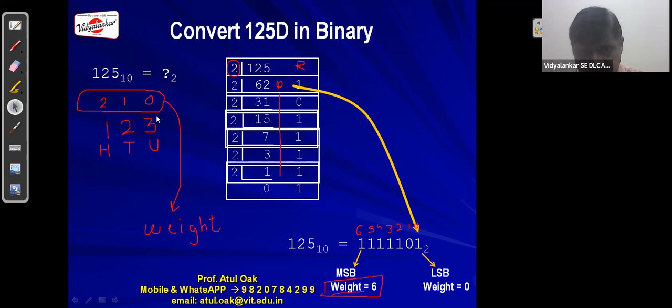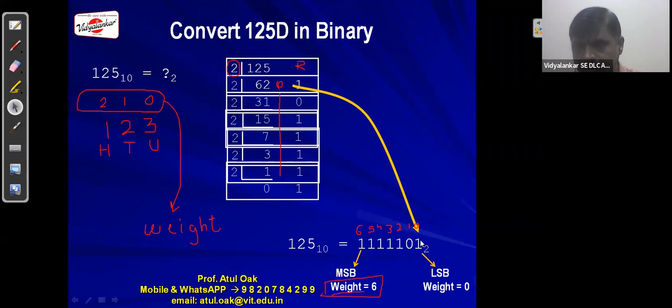Continue with the next statement. A bit with maximum weight, it's called MSB, bracket, most significant bit.